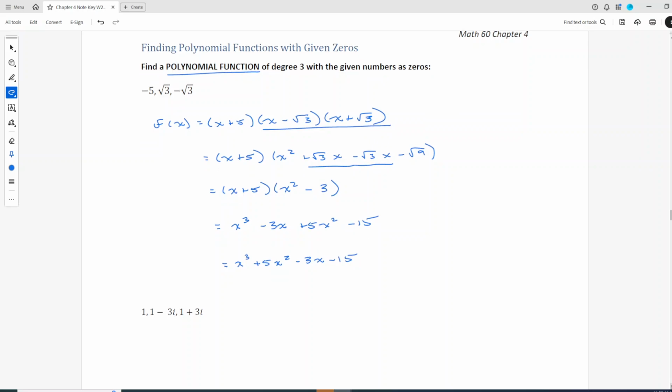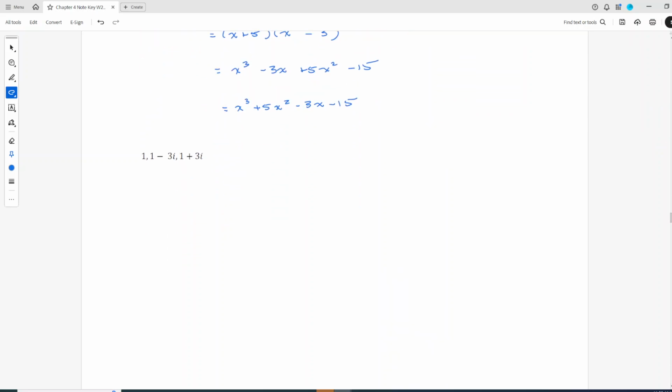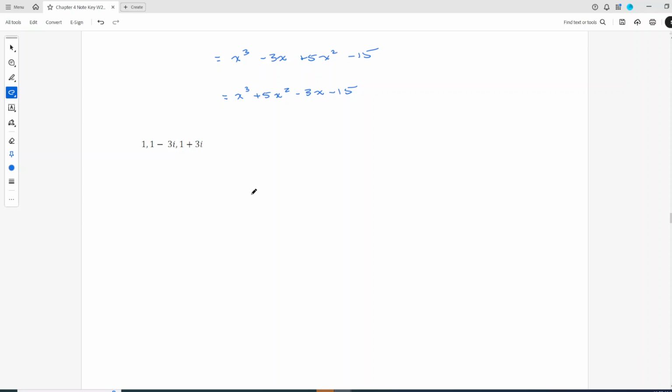All right, and then I put one of these in the notes so I could help coach you through it, because how the heck am I going to multiply this through? So I've got f of x is equal to, my first zero is nice, x equals 1, so my factor would be x minus 1. And then we've got this guy, so it's going to be x minus 1 plus 3i. And again, you can get that by doing x minus that bracket.